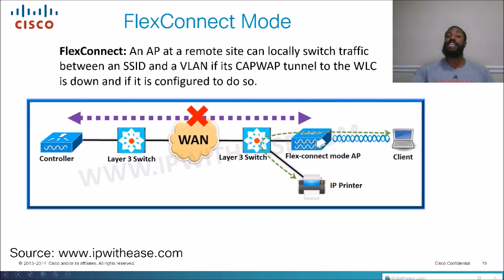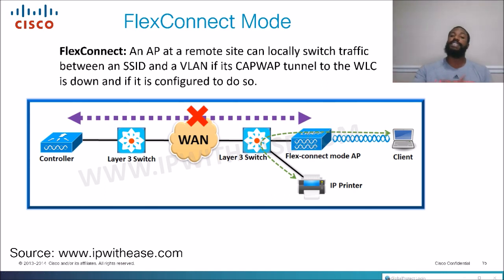When it's in FlexConnect mode, don't get this confused with local mode. As a matter of fact, I remember in a job interview, this guy was asking me a question. It was like he was trying to trick me by asking the difference between local mode and FlexConnect mode. FlexConnect mode switches traffic locally, but it really locally switches traffic remotely, if that makes any sense.